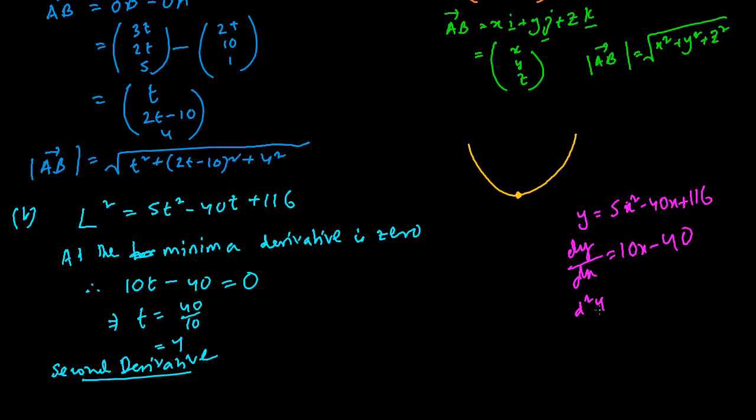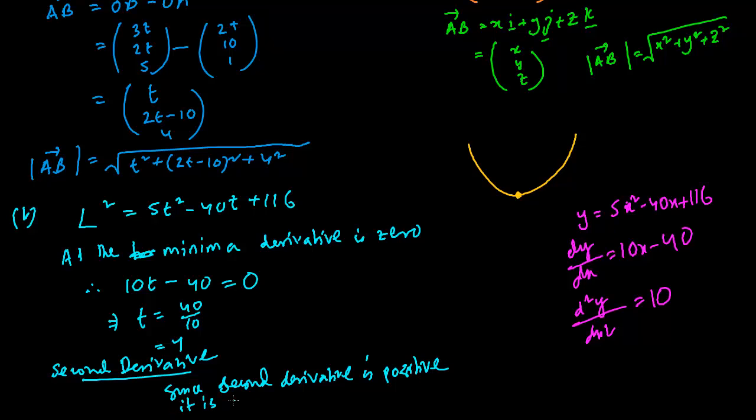Now you have to find the second derivative, d2y by dx squared, which would be simply 10. So that means since the second derivative is positive, meaning greater than 0, it is a minimum, meaning t equals 4 will give you the minimum value.